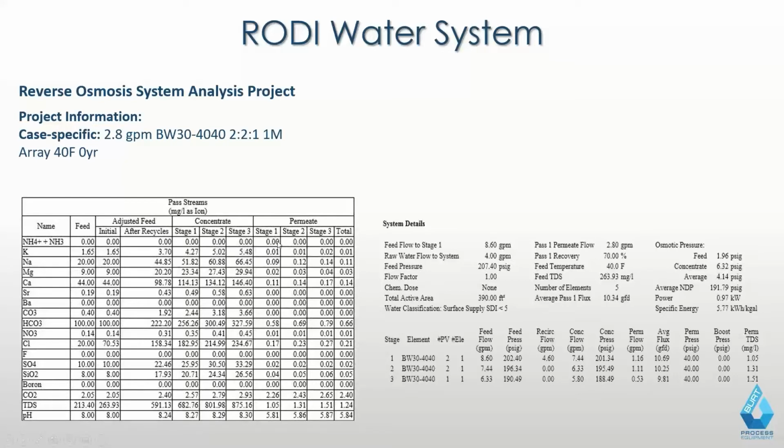So here, stage 1, stage 2, stage 3, for a total reduction from 263 TDS down to 1.24 TDS. That's based on temperature, on the pressure, and also on the membrane surface area, which in this case is a 2 by 2 by 1 array.